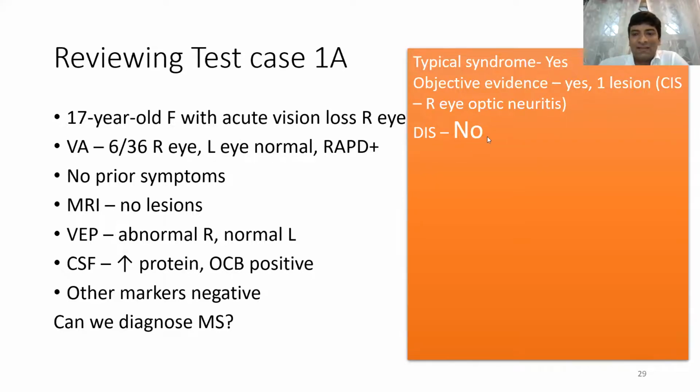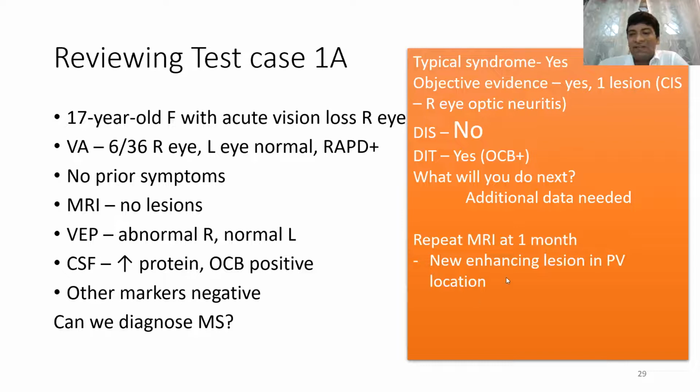We don't have any other site, but you can prove dissemination in time because the OCBs are positive, even though the patient has had just one attack. So what will you do next? What you will do now is wait for additional evidence and repeat a scan after 1 month. Okay, and now if you find a new enhancing lesion in another site, for example, the periventricular, your dissemination in space requirement is satisfied and you can now diagnose multiple sclerosis.